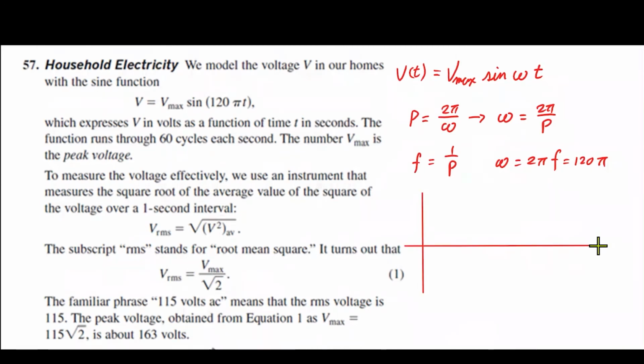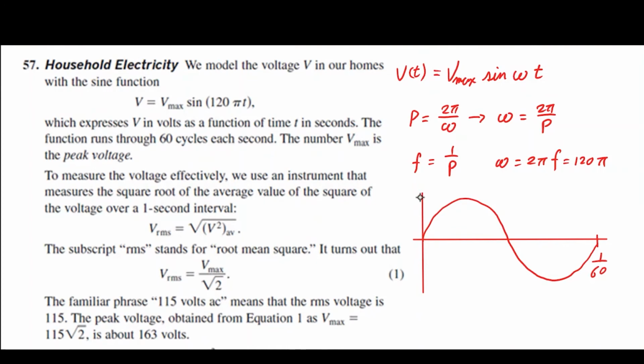Okay, then let's graph one cycle, shall we? Say we have one cycle of the sine graph right here, which will look like this. So this right there is one period cycle. So this is 1/60th.